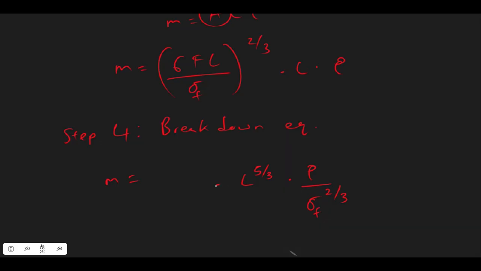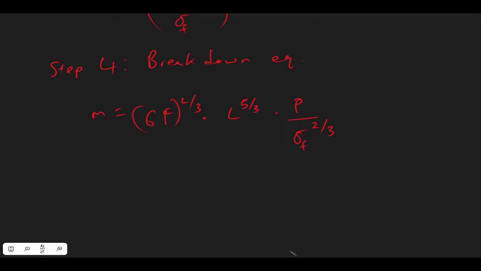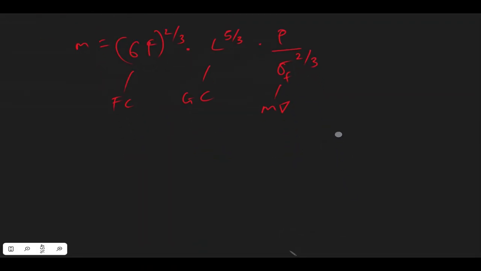Every other thing is the functional constraint, which is 6F raised to power 2 divided by 3. Therefore your material index M is equal to density divided by rho F raised to power 2 divided by 3, and this is to be minimized.